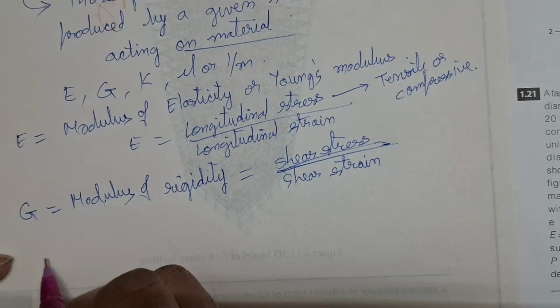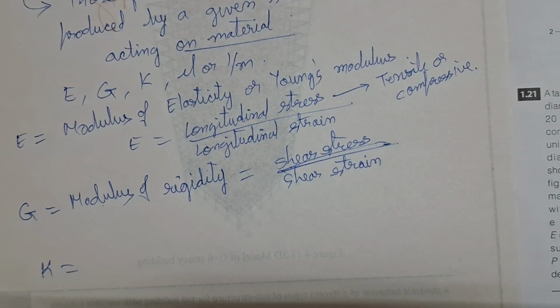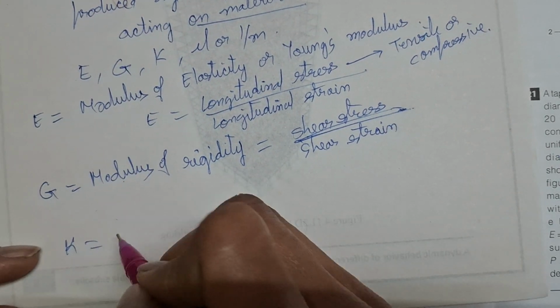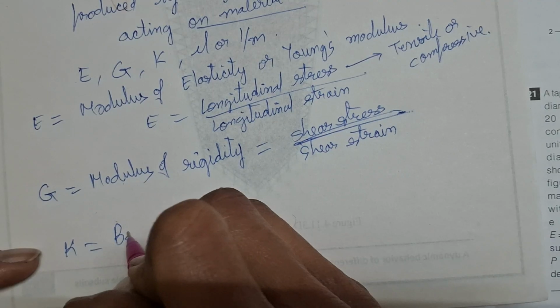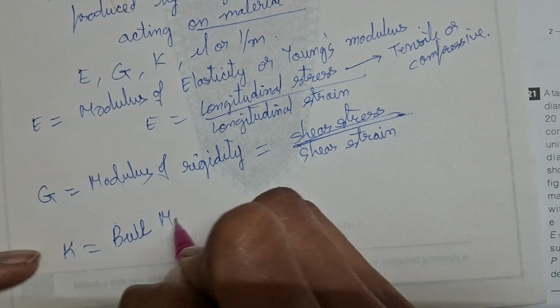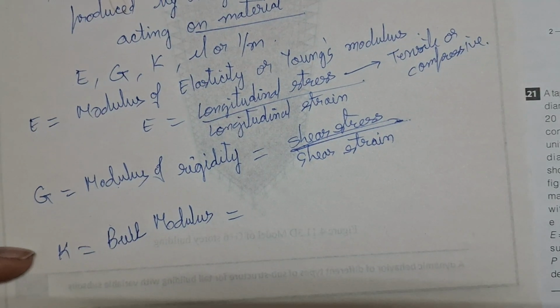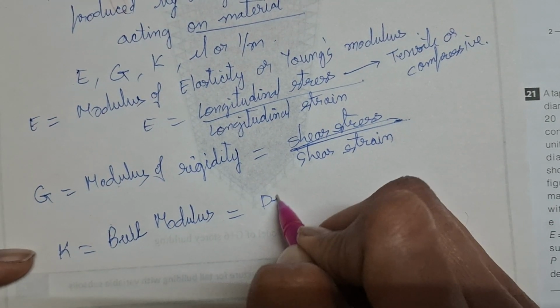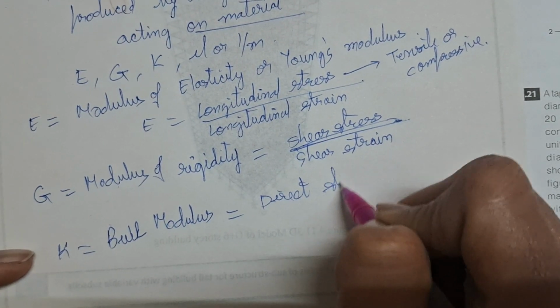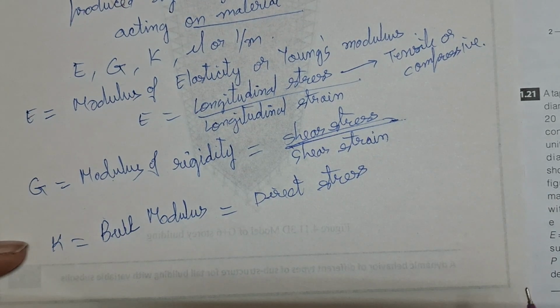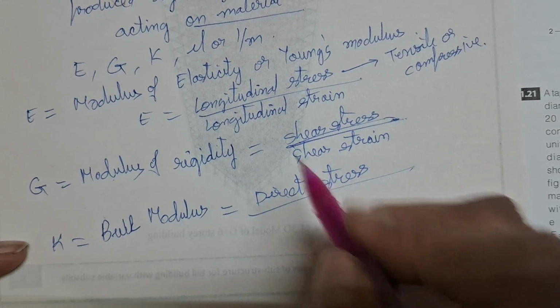Then another elastic constant is K, which is known as bulk modulus, that is direct stress divided by volumetric strain.